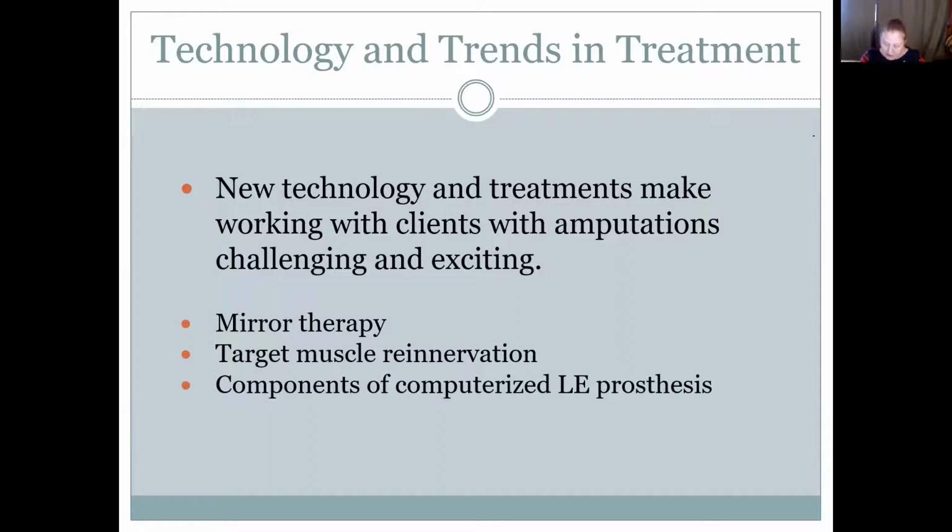There are foot and knee are two components with computer-assisted technology. It allows for dorsiflexion and quicker adjustment of the knees to allow for smoother ambulation and mobility. And the target muscle reinnervation all has to do with nerves, okay? Using those residual nerves from the amputated limb and transferring them to the remaining muscles that have not been biomechanically functional since the amputation.